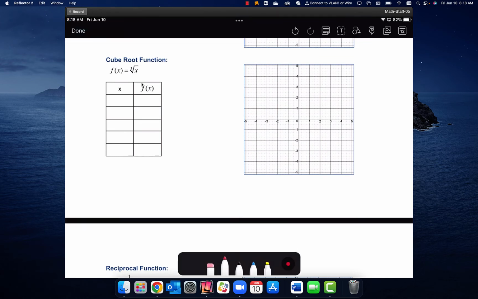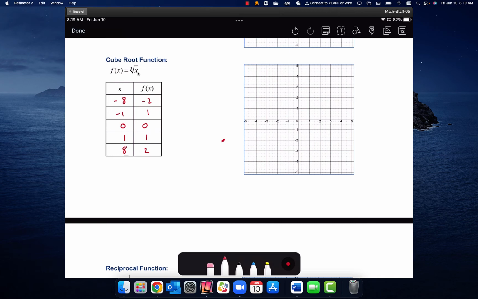Cube root function. The cube root does not have restrictions, so we can, again, choose some values that are easy to take the cube root of. 0 we can easily take, 1 we can easily take, -1 we can easily take, and then 8 or -8 would be the next easiest. So -8, -2 is sort of off the grid.